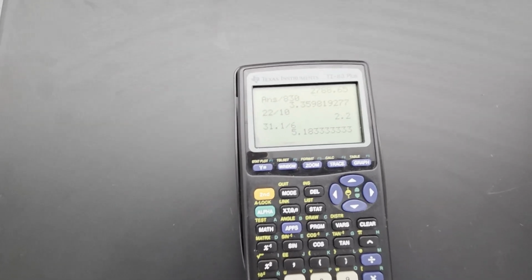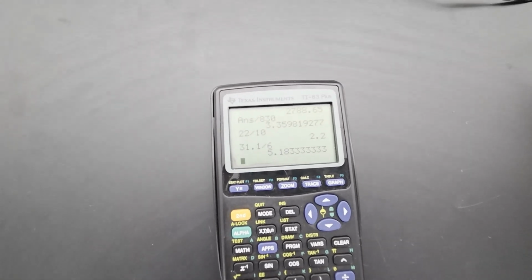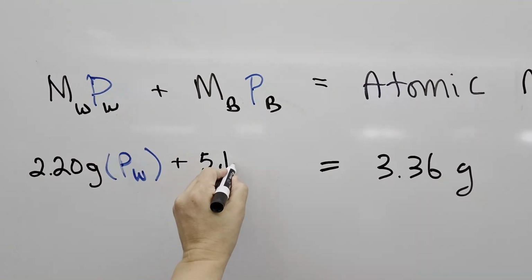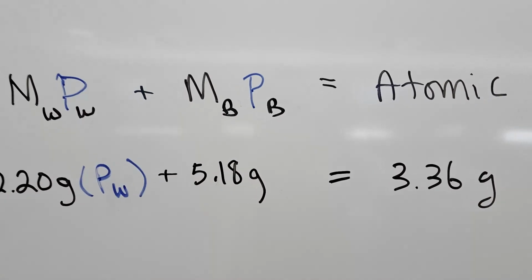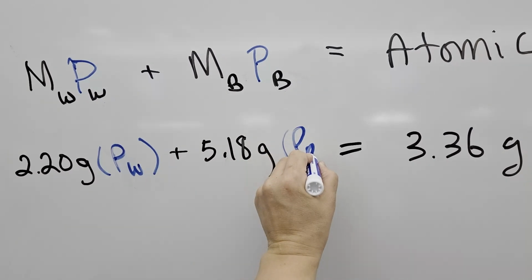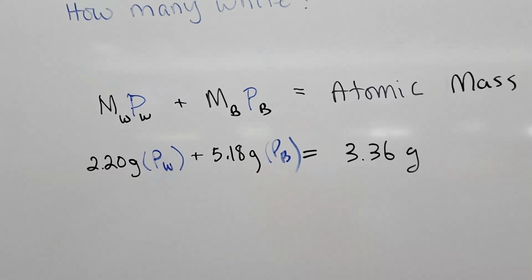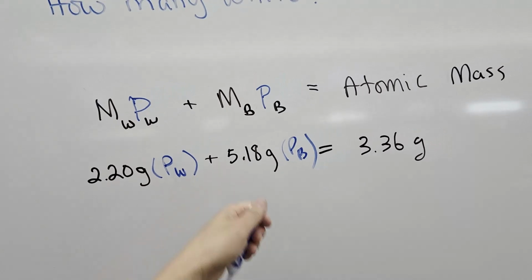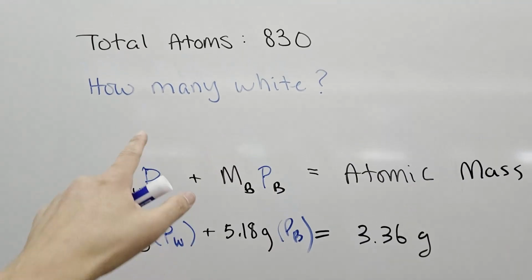The average mass of the black pieces is 5.18. And we're going to multiply that by its relative abundance.